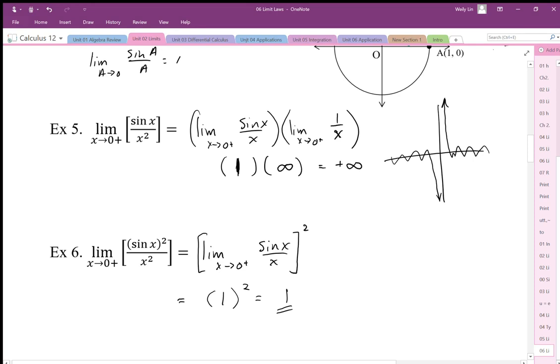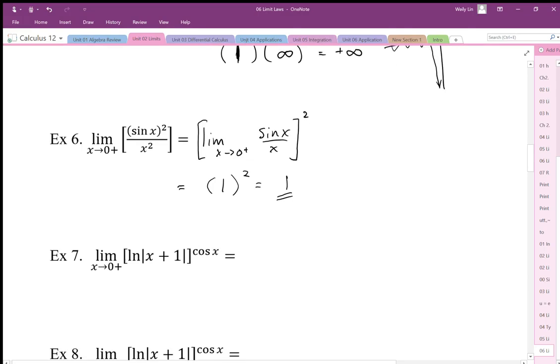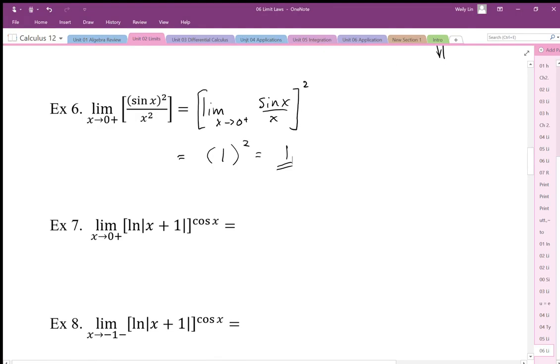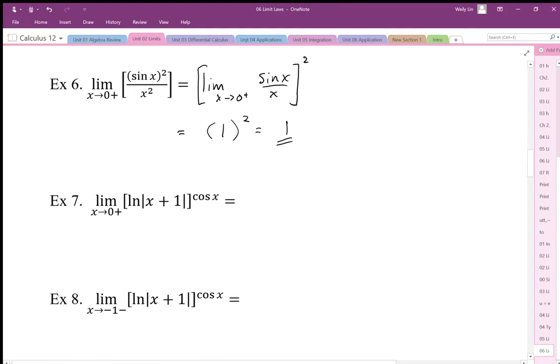And if we were to graph this again, we can see that that is truly the case. So this one here, as x goes to 0 from the positive side, I can do this: the limit as x goes to 0 from the positive side of log of x plus 1, and then apply the limit as x goes to 0 from the positive side of cos x.